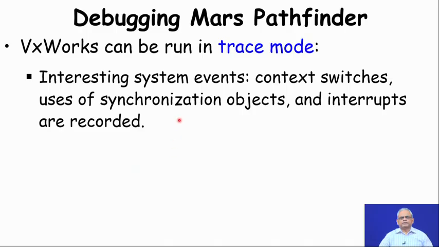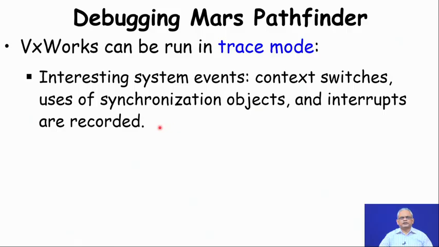To debug the Pathfinder, the NASA scientists had a replica of the Pathfinder in their lab. They started doing a simulation of what used to happen on the Mars surface, but they set the debug mode on, where they can find out when context switches occur, synchronization among objects take place, when interrupts occur.